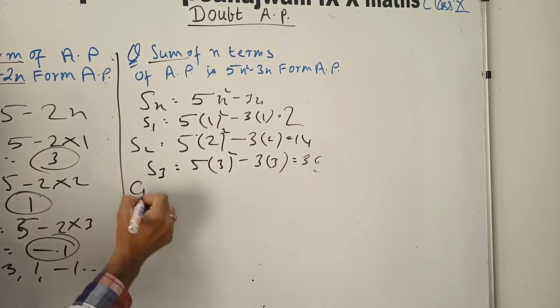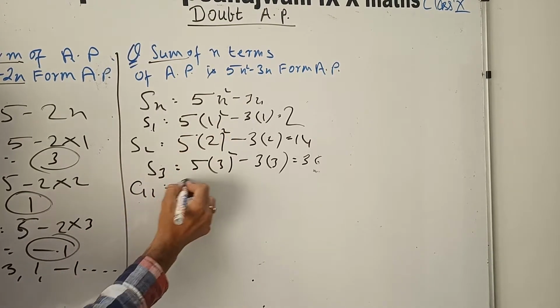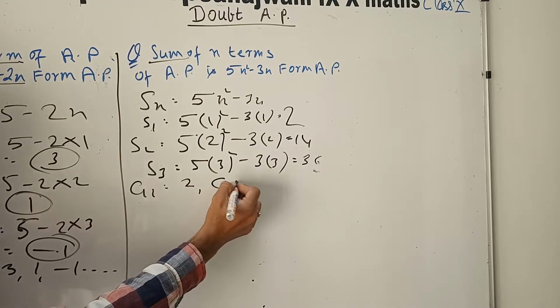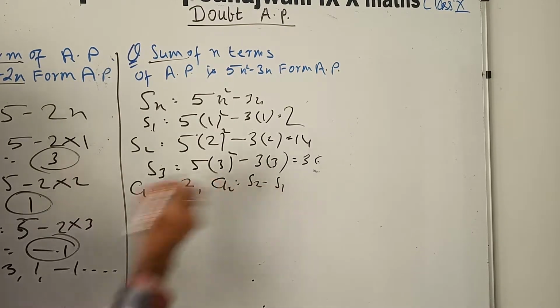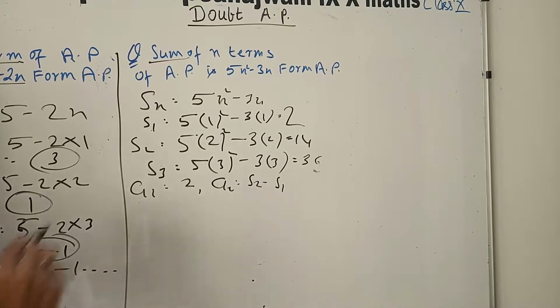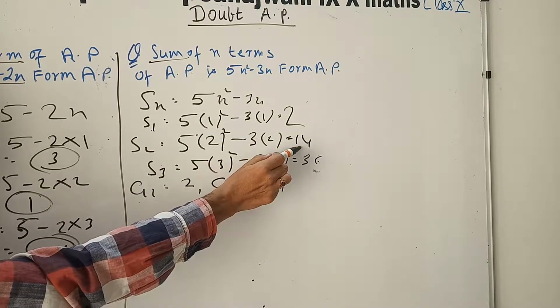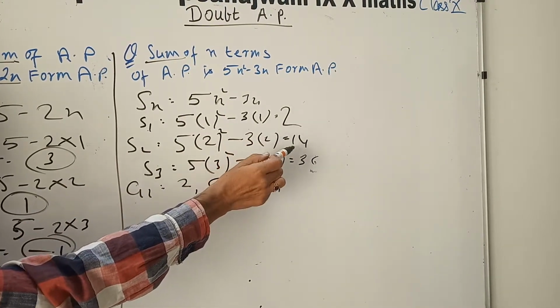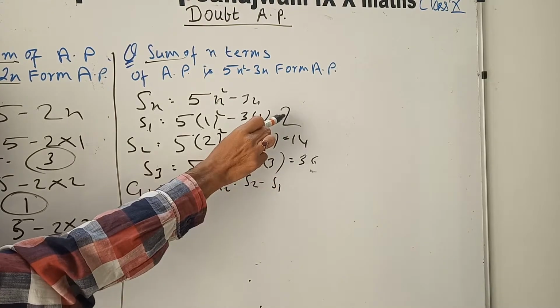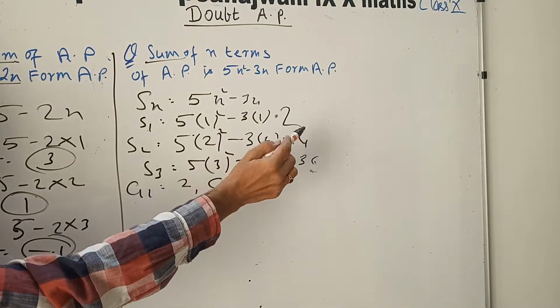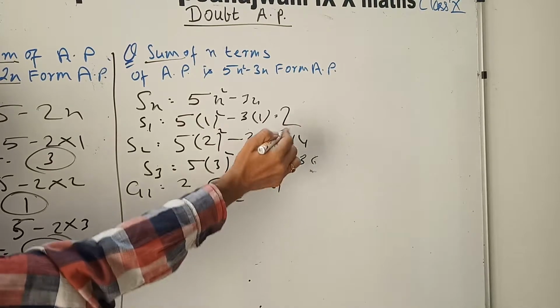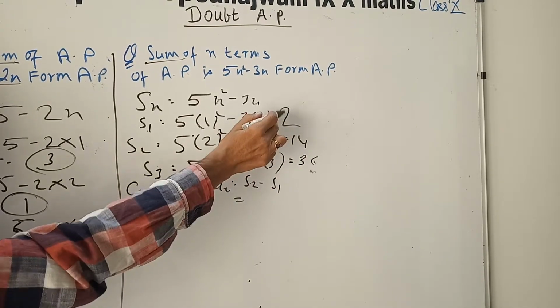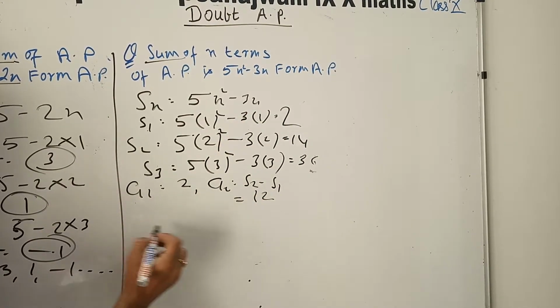So a1 will be 2, but a2 will be S2 minus S1. Clear? This 14 is the sum of the first term and second term. So what would be the second term? The sum of the two terms minus the first term, that would be 12.